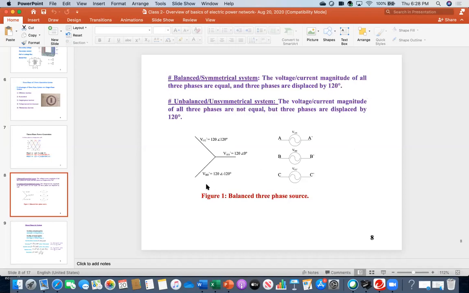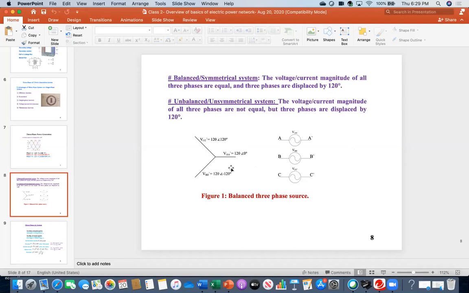Or for example, look at this example. In this case, 120 angle 0 degree, 120 angle minus 120, 120 angle 120. In this case, the first 120 is the magnitude of voltage. Don't be confused between the angle and the magnitude.